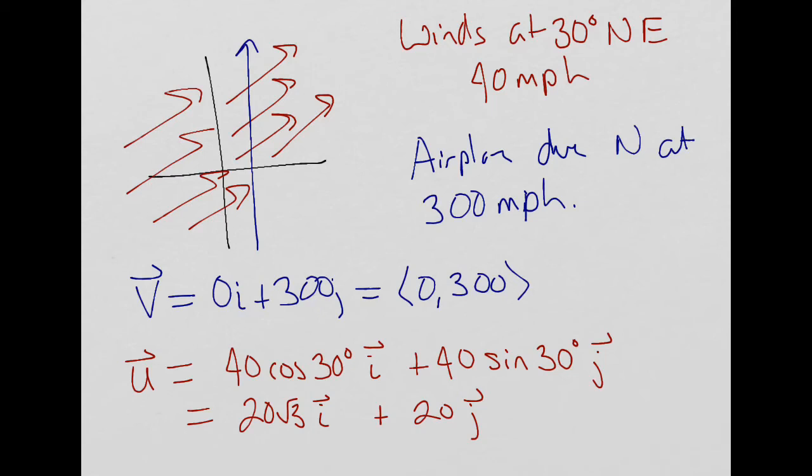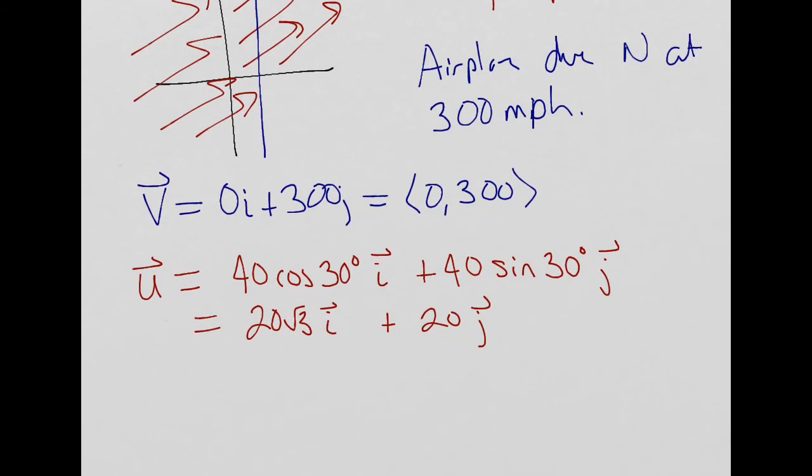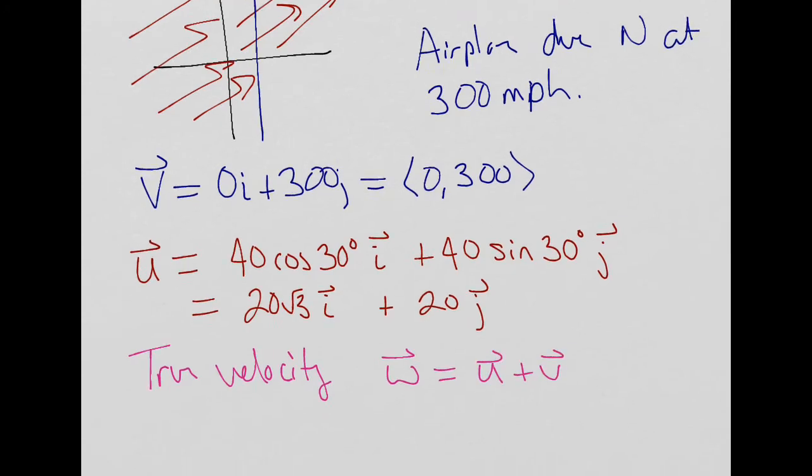But something that's kind of cool with vectors: how fast is the airplane actually going? It's trying to go north at 300 miles an hour, but it's got this crosswind at 40 miles an hour, and so maybe I want to compute something which we call true velocity, called w, and it's going to end up being u plus v. The vector addition is going to allow me to do it.